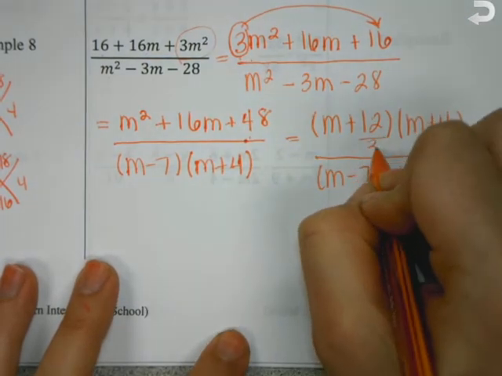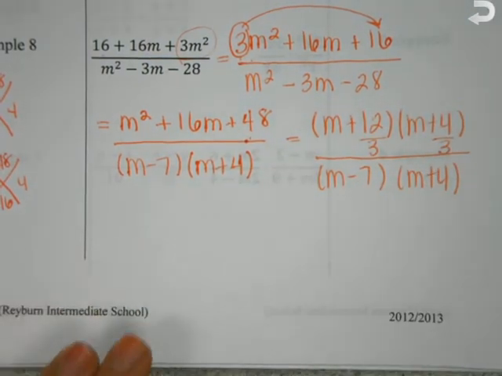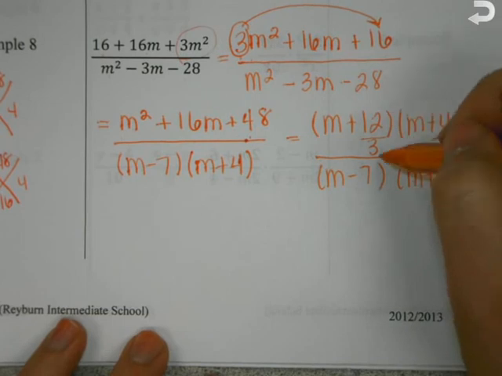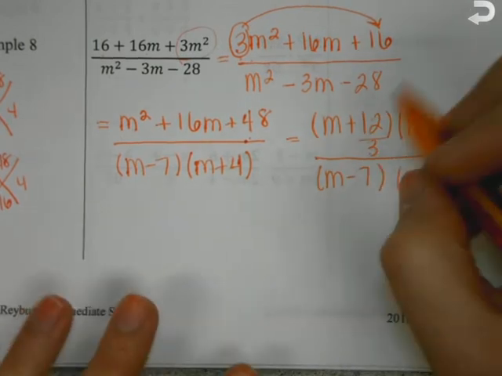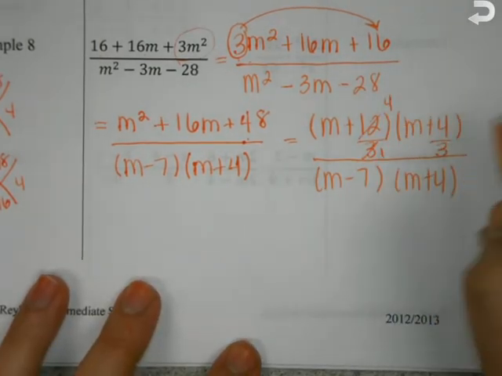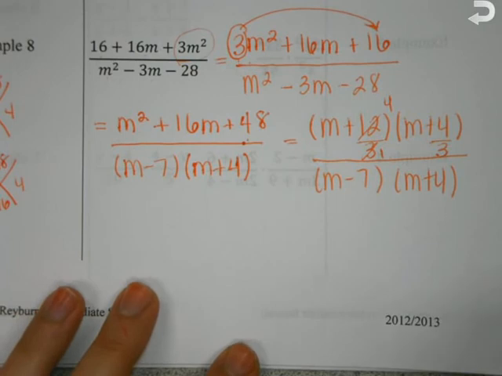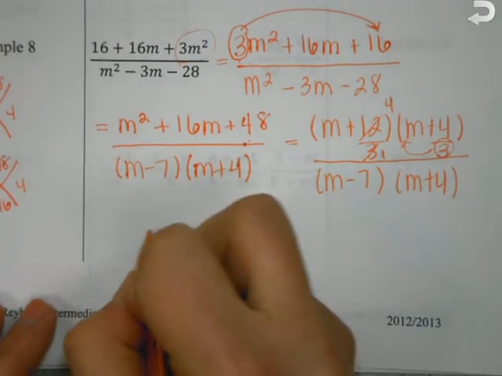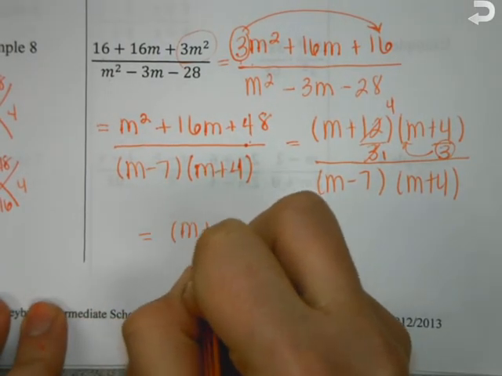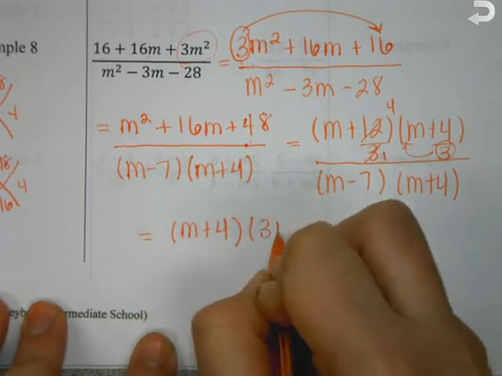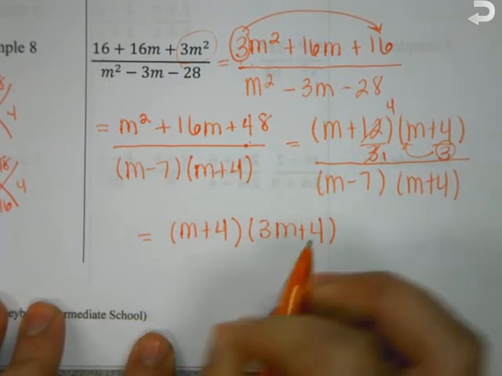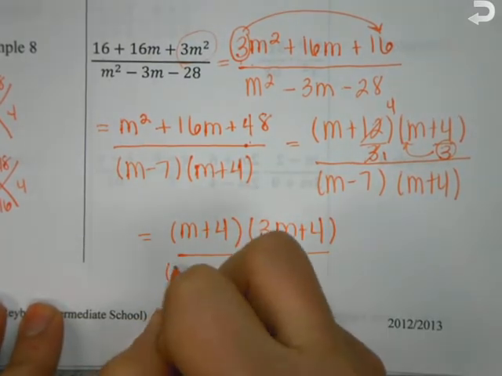12 over 3, how does that reduce? To 4 over 1. Does 4 over 3 reduce? No, so you get to bring it up. So this all comes out to m plus 4 times 3m plus 4 over m minus 7 times m plus 4. The m plus 4's are there.